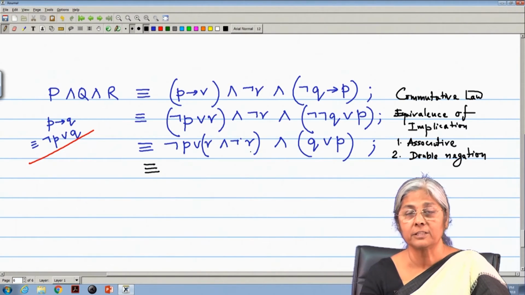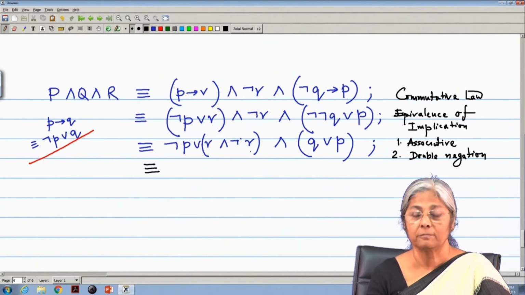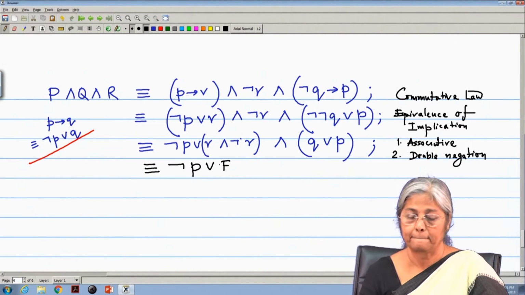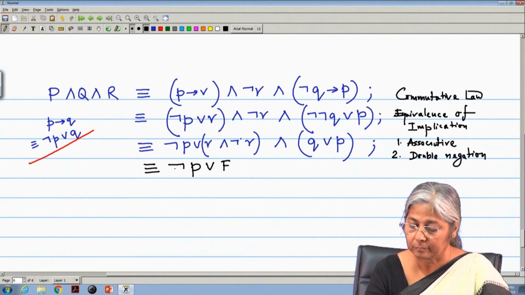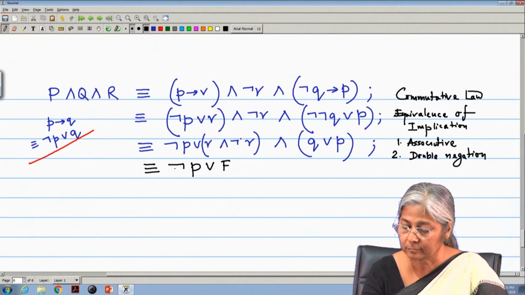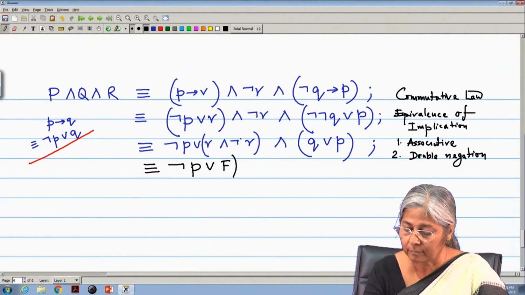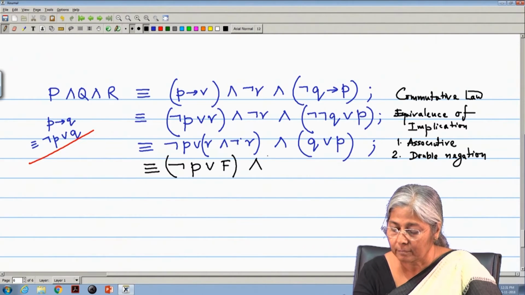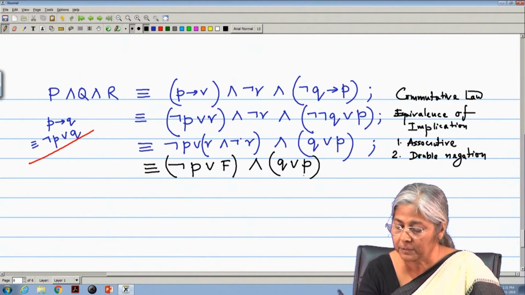Now, r and negation r is always F. So, negation p or F, and this becomes q or p.